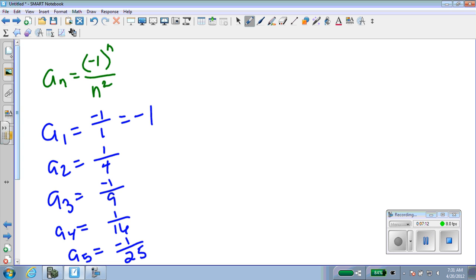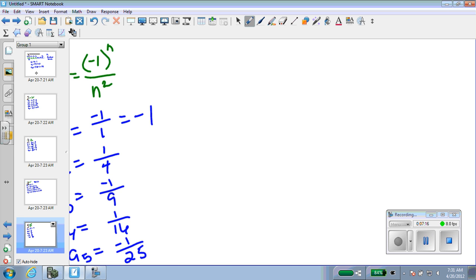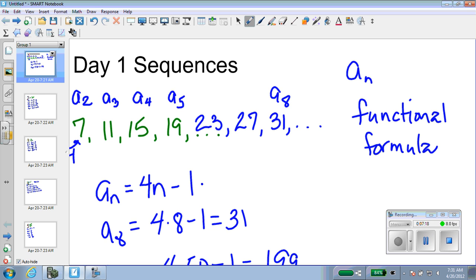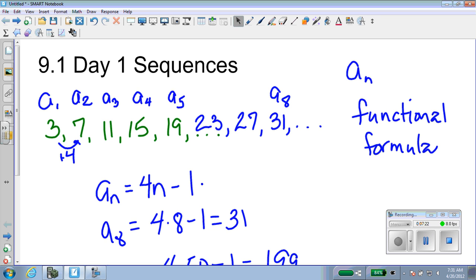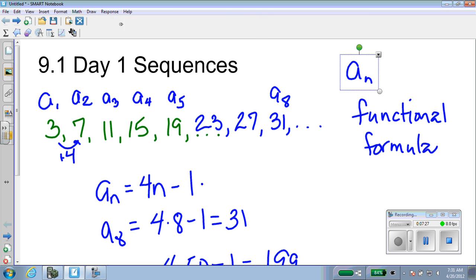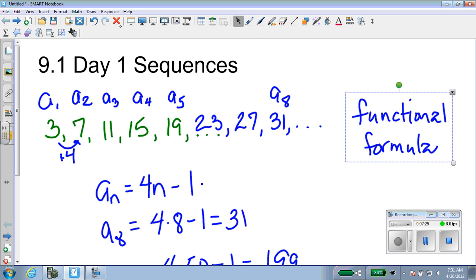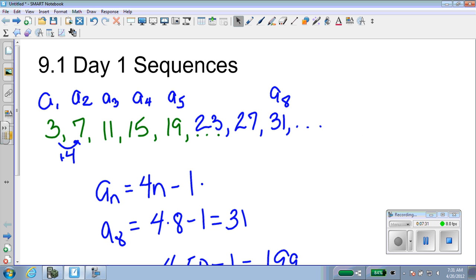The last thing I want to look at is I want to go back to some of these and look at what a graphical representation might be. So let me get rid of some things to buy me some space. So this sequence, and I'm just going to make a sketchy kind of graph. The term number, so 1, 2, 3, 4, 5, would go along the x-axis.